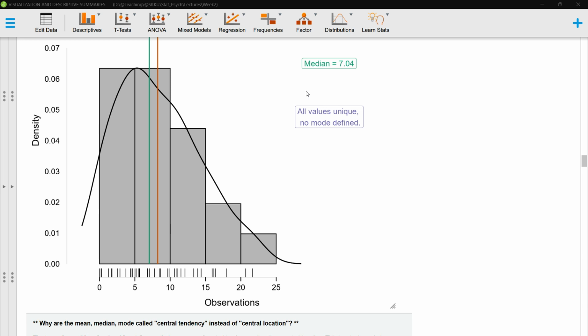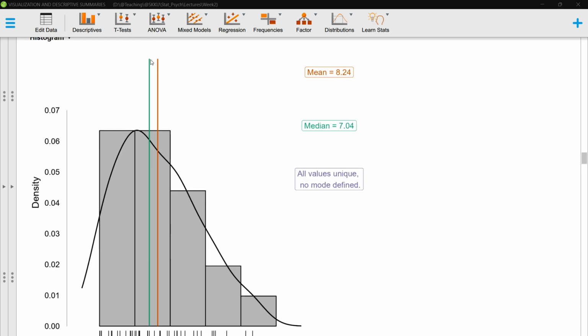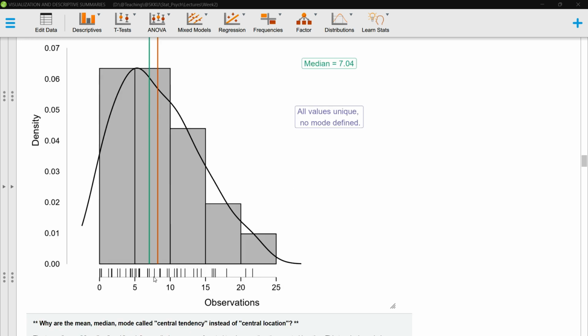So here is the median, the green line. This is the 21st in the order of the values. So we have 20 values below the median, and 20 values above the median, right?